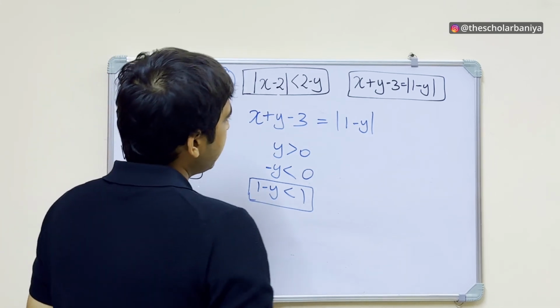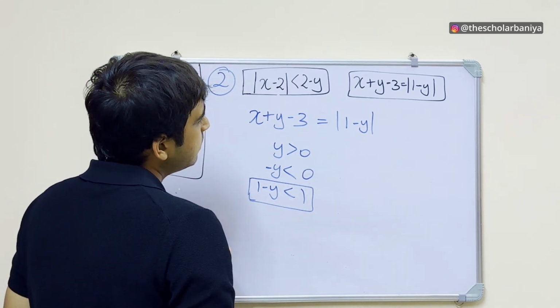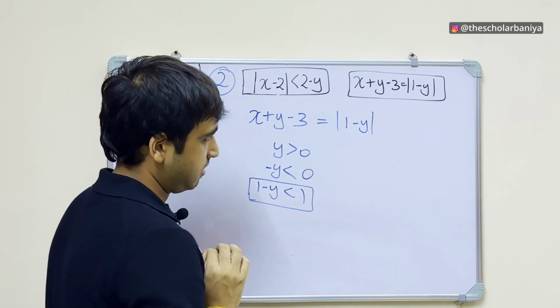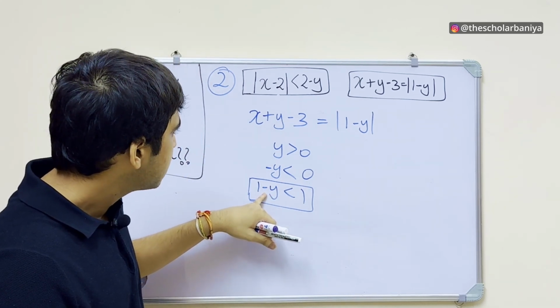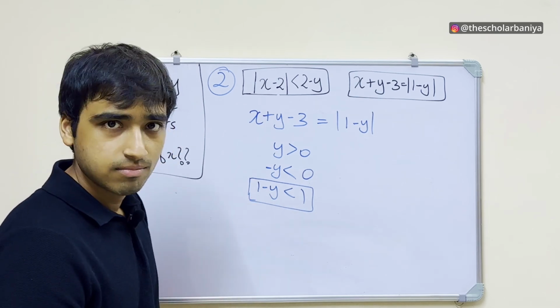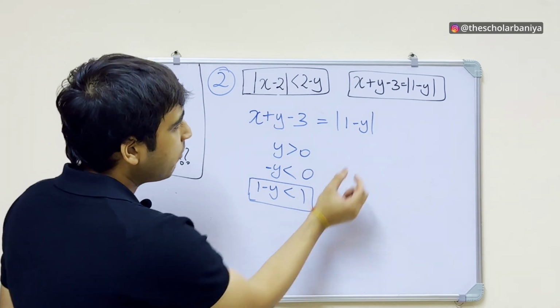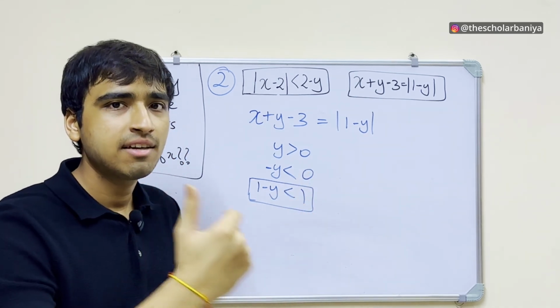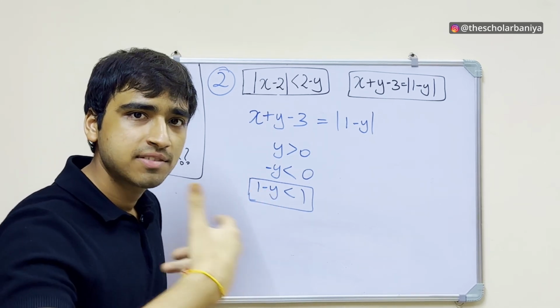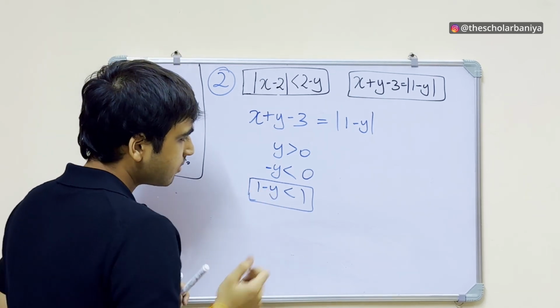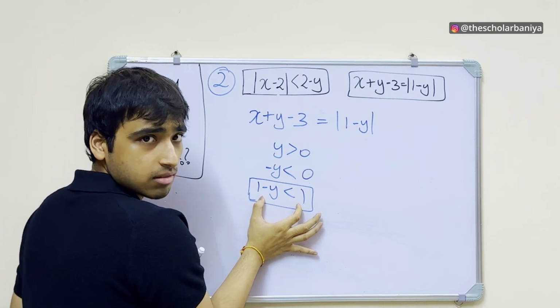So tell me one thing, if this is the case, if 1 minus y is less than 1, then obviously mod will open with a negative sign, because this is less than 1, right?